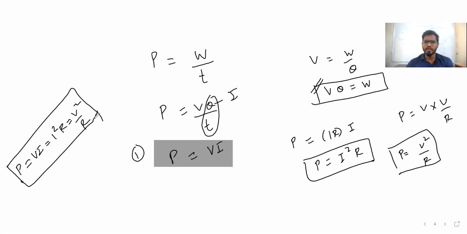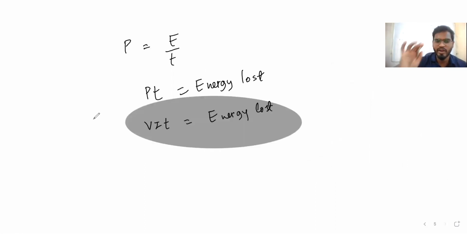Once we find power is equal to V into I, then V is equal to IR, that we put. Then I is equal to V by R, so V square by R. Same thing here: energy we got VIT.